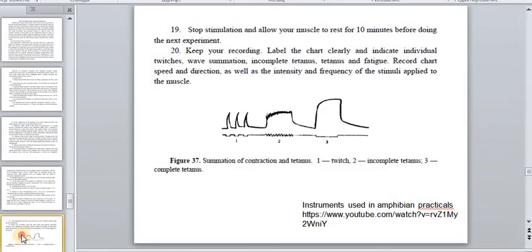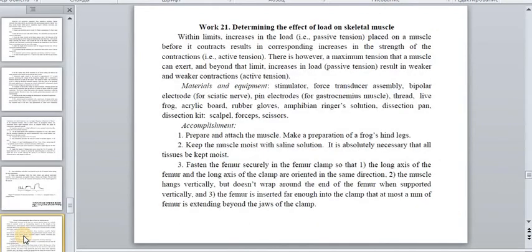So it is all for this practical work, but we have one more.